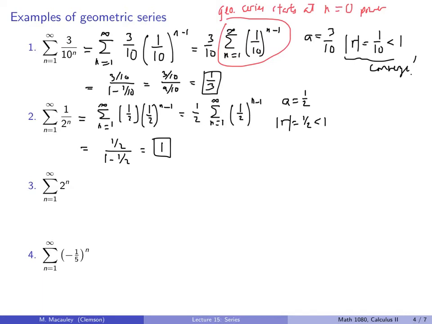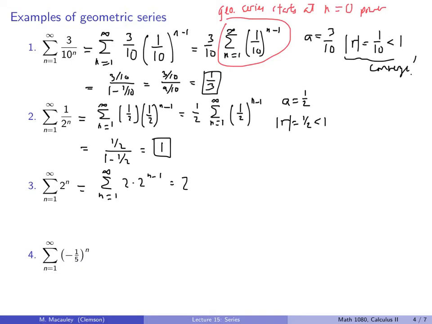Okay, this third one here, n equals 1 to infinity. Well, this is obviously going to diverge. So let me write this as 2 times the sum from n equals 1 of 2 to the n minus 1.